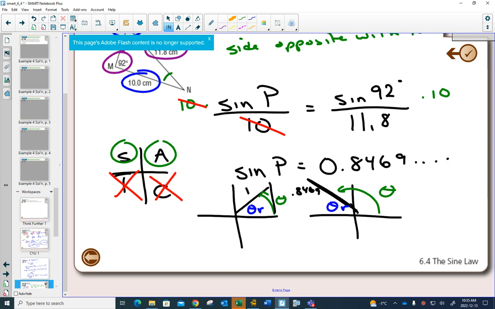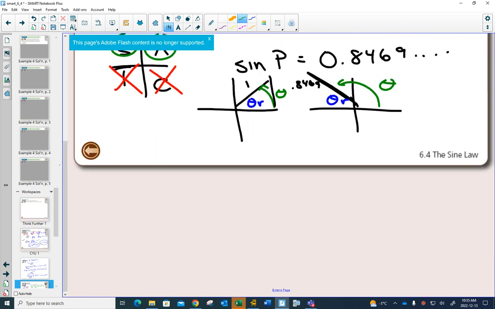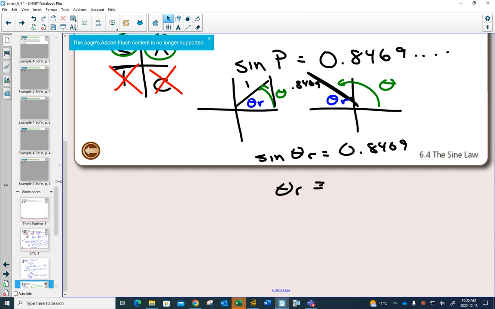If I wanted to find my reference angle, sine of my reference angle is 0.8469. So my reference angle, if I go to my calculator, is 57.88.